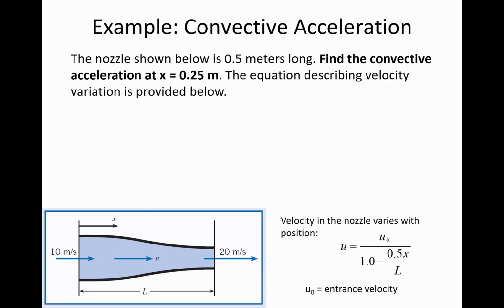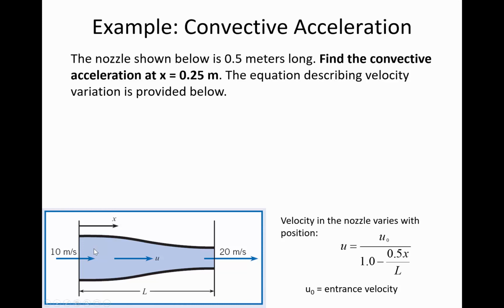There was also steady versus unsteady, which is all about whether or not flow conditions are changing with respect to time. This, though, is non-uniform flow. And non-uniform flow is where the flow velocity is changing with respect to position.